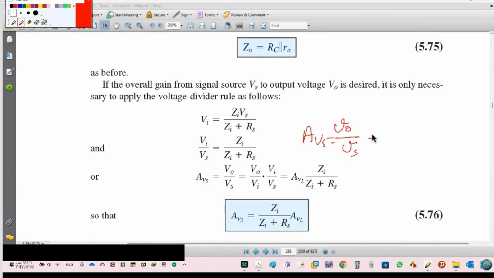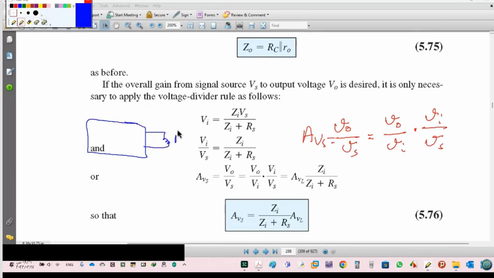So I will write it as two steps, VO over VI, then multiply VI over VS. Again, return to the configuration. I have this circuit, with load RL here and the RS generator here. Here I divide it into two parts.